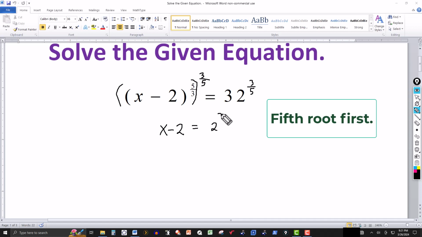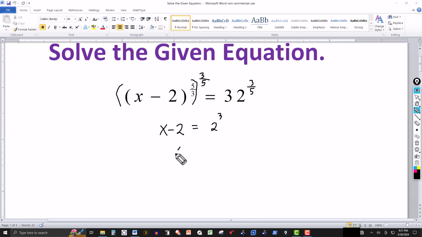And then I cube it. So we get x minus 2 is equal to 2 to the 3rd power, 3 factors of 2 would be 8. Add 2 to both sides here to solve for x. We get x equal to 10.